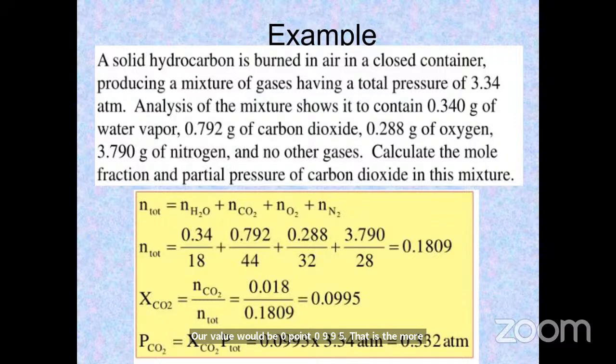And then the next question is to find the partial pressure of carbon dioxide in this mixture. We already know from the formula we derived that the partial pressure of a gas component will be the mole fraction of that gas multiplied by the total pressure exerted by the mixture. So already we've calculated the mole fraction of carbon dioxide, 0.0995, and we are given the total pressure to be 3.34. So when we multiply that, we get 0.332 atmosphere.